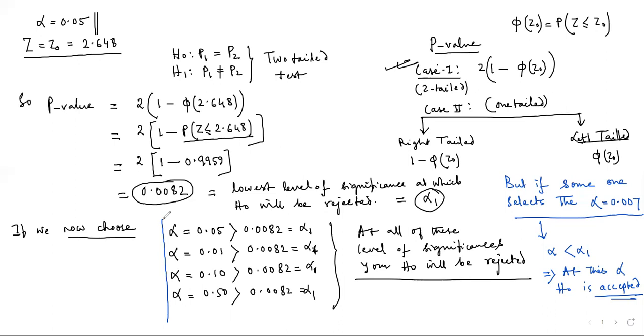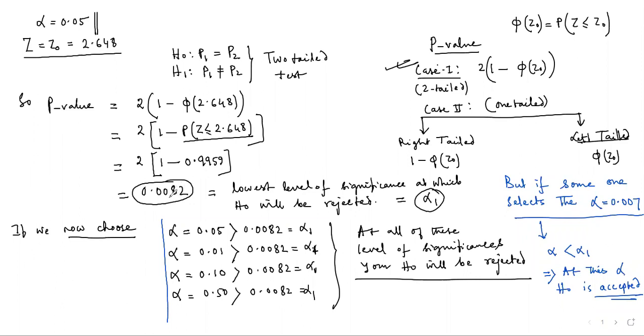And on the basis of that, keeping that level of significance in mind, we can tell at what level of significance this null hypothesis is going to be rejected or not. So we are actually doing some sort of manipulation while drawing the conclusion. Now you can ask me whether this kind of manipulation is acceptable or not.